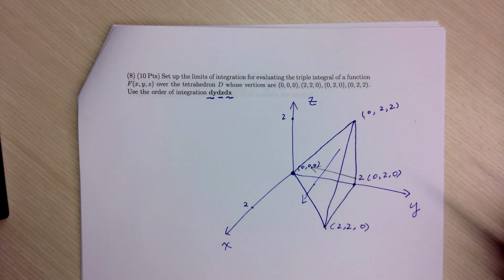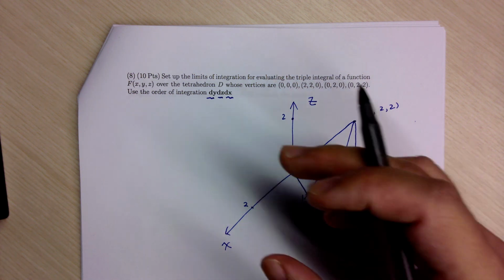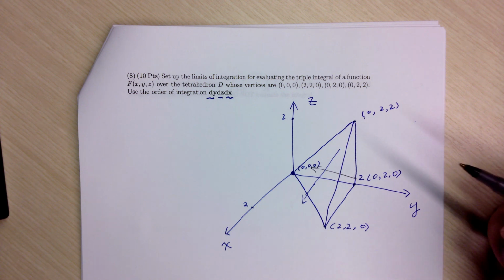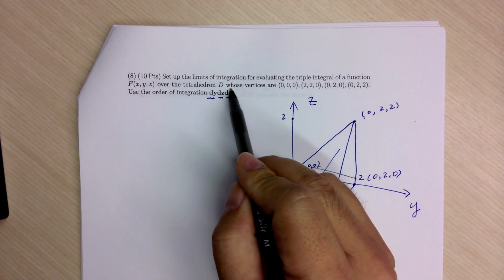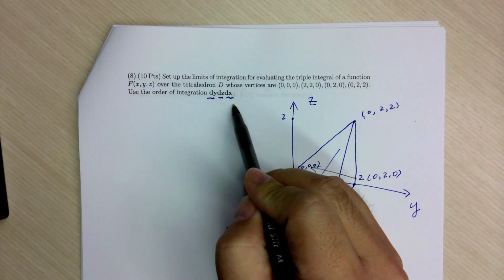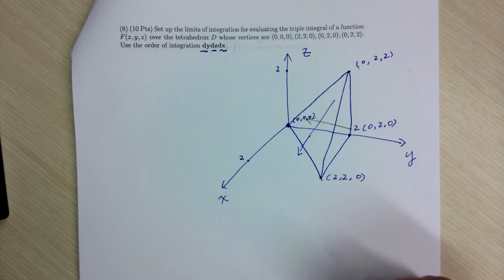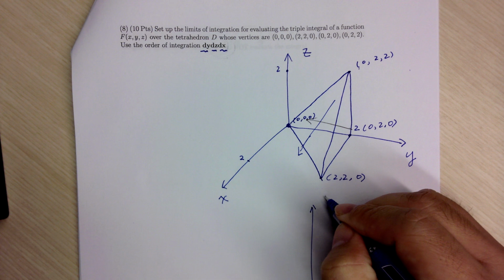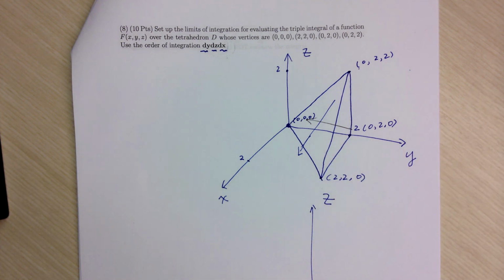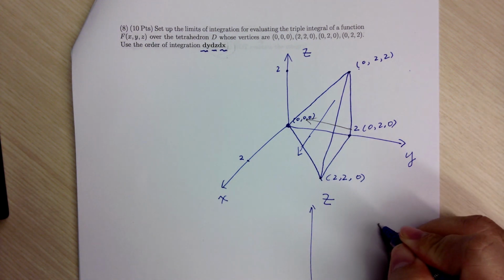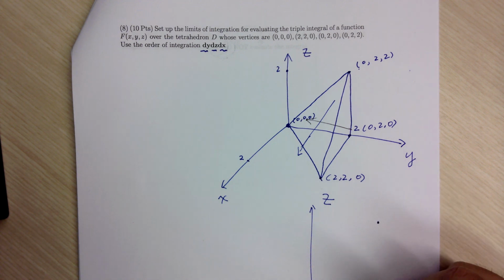And after that, we need to look at what the projection of the region of this tetrahedron on the zx plane is. So if we just look at, suppose this is the x, so this is the z here. As you can think of, this is going to be 2.